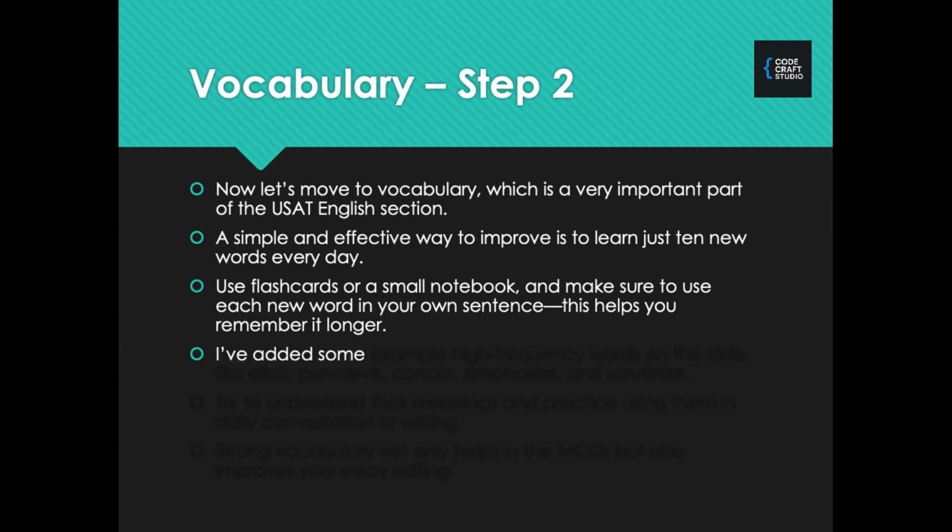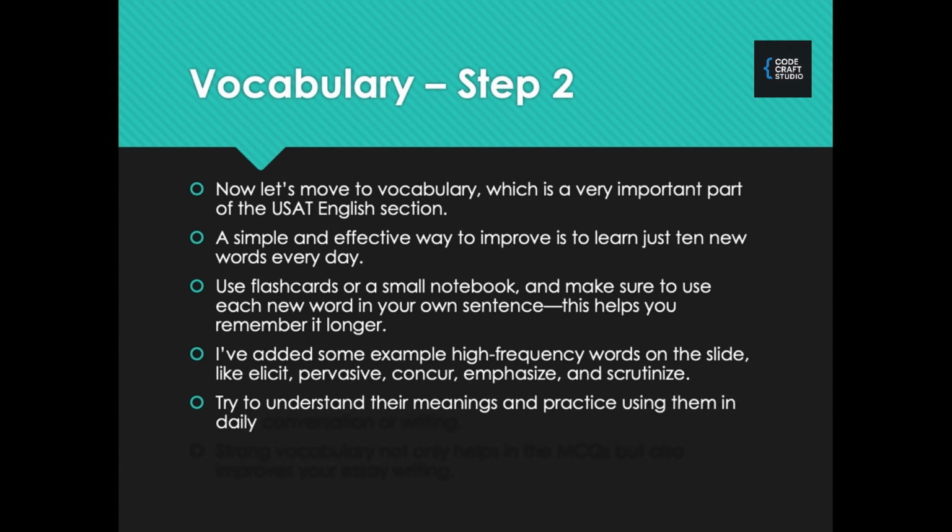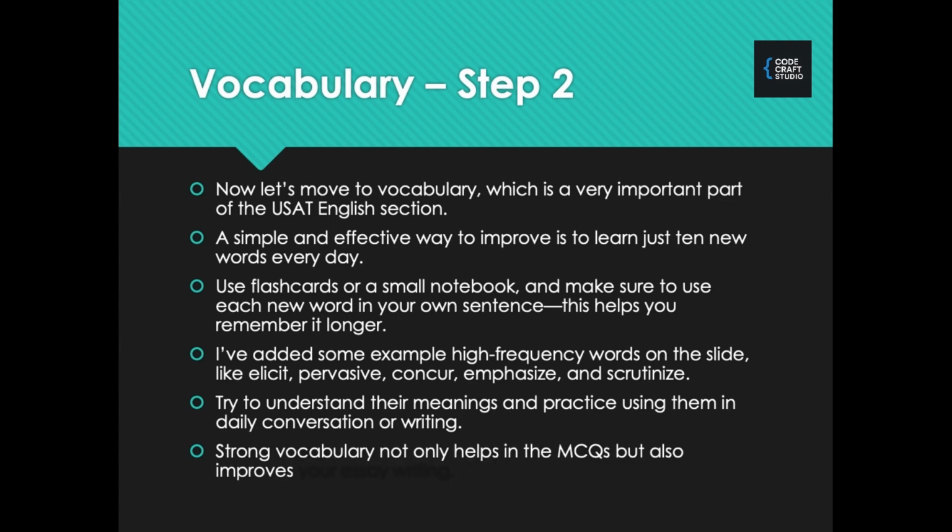I've added some example high-frequency words on the slide, like elicit, pervasive, concur, emphasize, and scrutinize. Try to understand their meanings and practice using them in daily conversation or writing. Strong vocabulary not only helps in the MCQs, but also improves your essay writing.